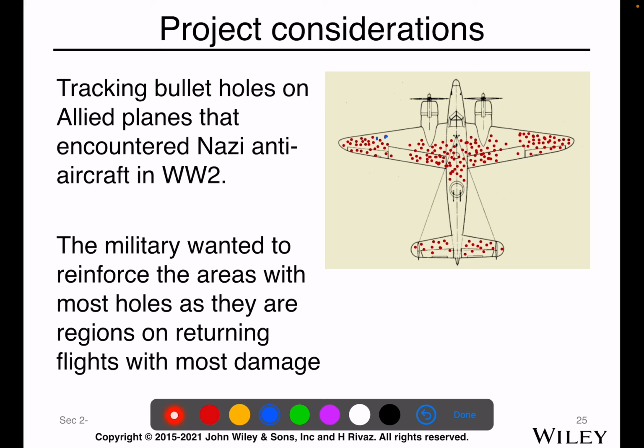After they finished a mission, they came back, let's say, to the US or to a Navy ship. And after they came back, they looked at the damage that they sustained from the bullets, right? And they wanted to reinforce these areas, right? They said, oh, these areas, the steel, or the aluminum, whatever is used, needs to be reinforced because they get hit a lot, right?